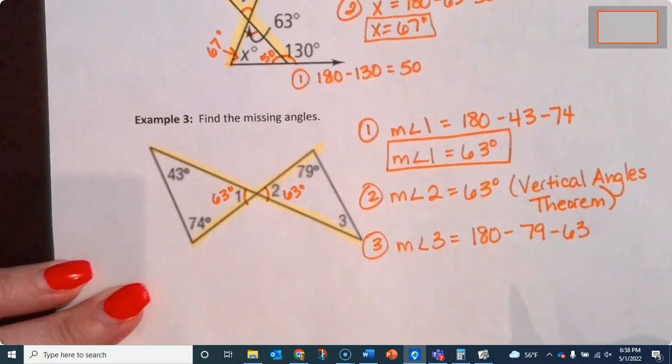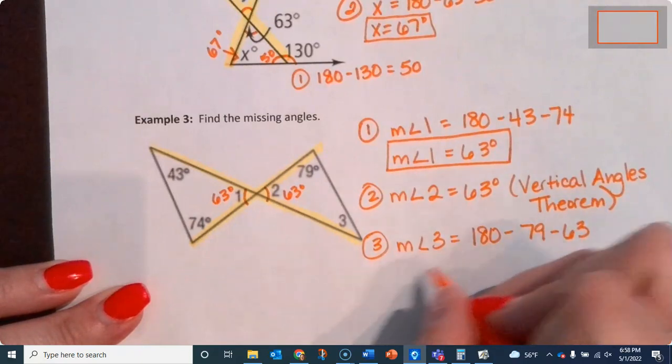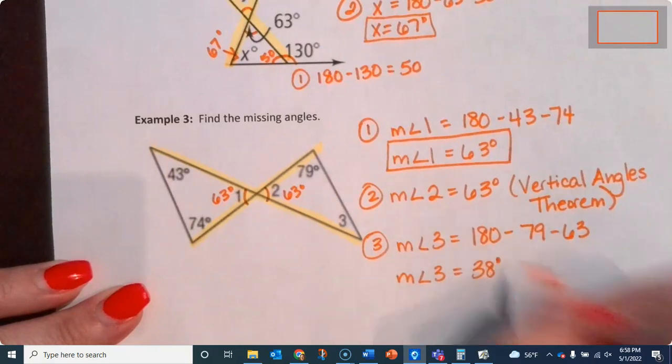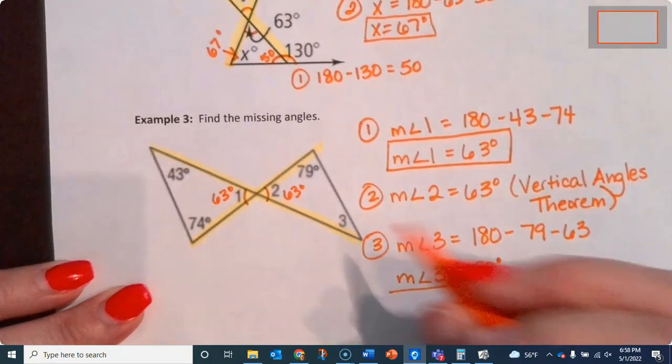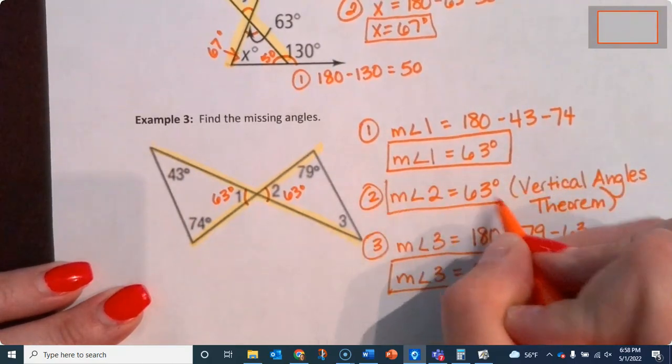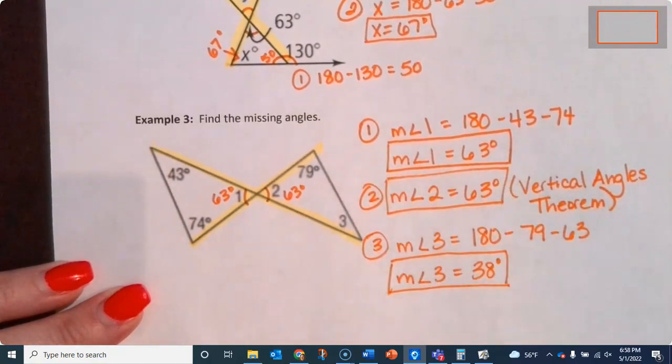And we get 38 degrees. And there you go. All right, so that's all based on the three angles of a triangle adding up to be 180 degrees.